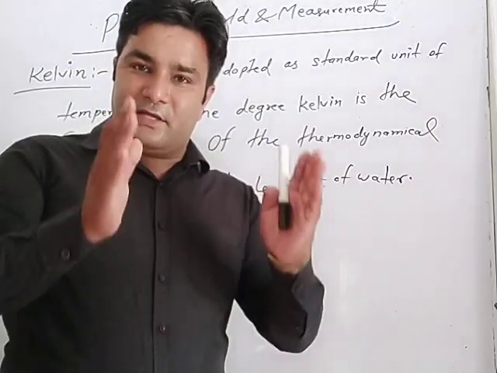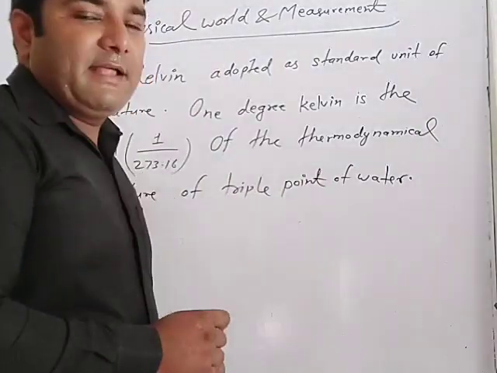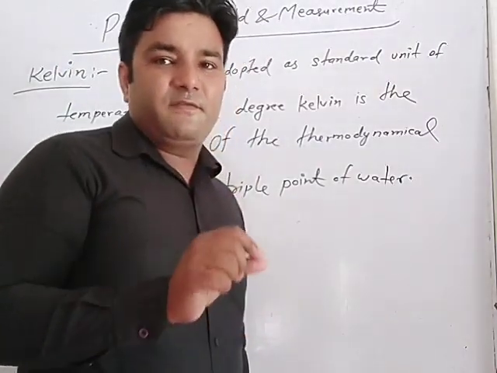Then the current flowing in the given wire is said to be what? 1 ampere. And when your numerical value is not correct, then the definition is not correct.